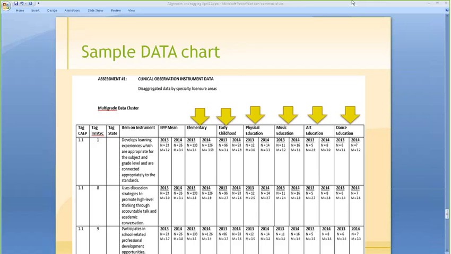It could show that your candidates can differentiate instruction, but maybe they're not integrating technology to engage all students in the learning experience, okay? So we're not quite sure, if you put multiple elements in there that are unrelated, that it wouldn't result in some iffy data.